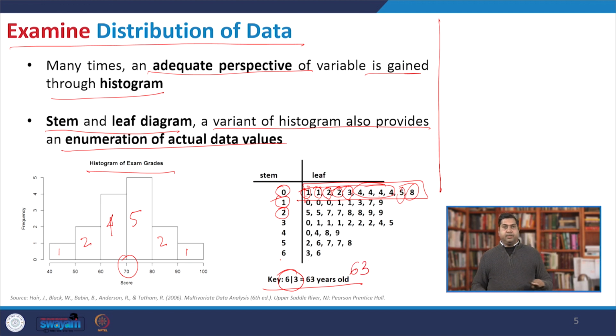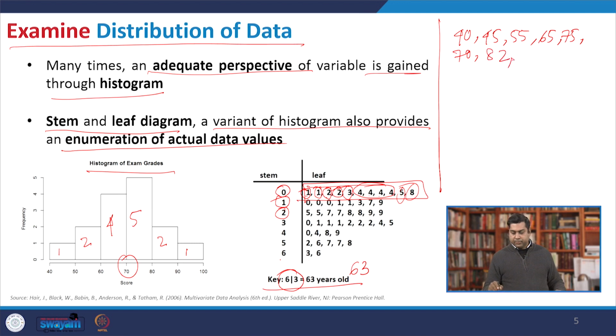So, let us understand with another example of marks. Say for example in a particular class of 10 students, the marks are something like 40, 45, 55, 65, 75, 70, then you have say maybe 82, 90, 87 and maybe we can take any random number, so it is something like maybe again 64.